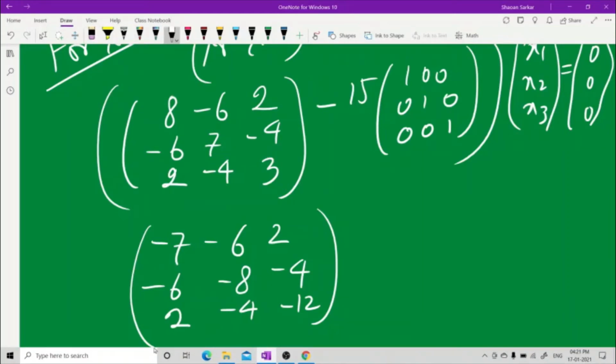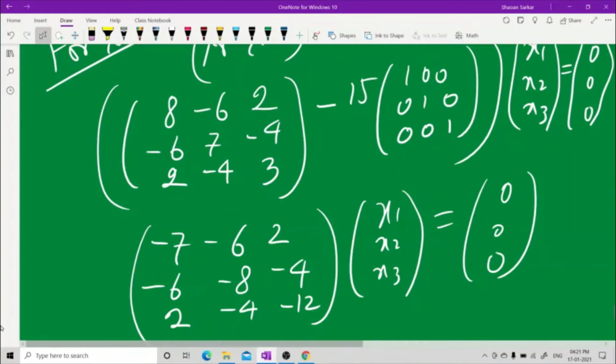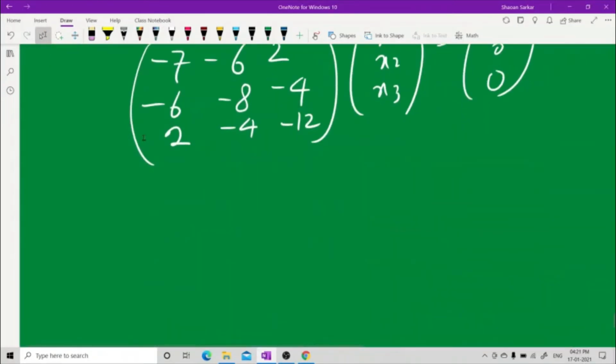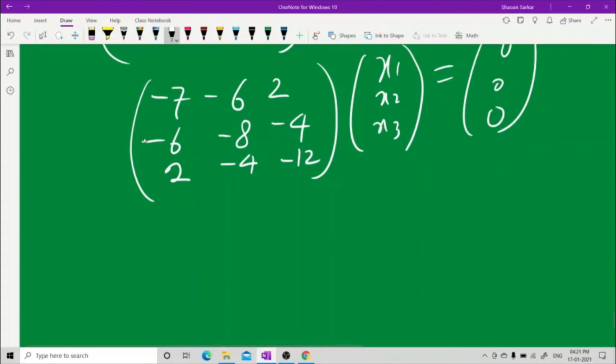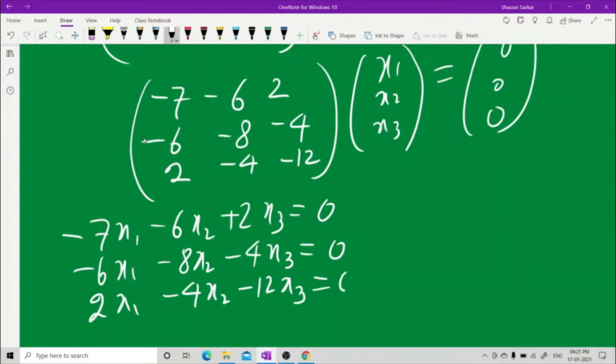Now you have this matrix with x1, x2, x3 equal to 0, 0, 0. If you do the calculation in this manner, you have got minus 7x1 minus 6x2 plus 2x3 equal to 0, minus 6x1 minus 8x2 minus 4x3 equal to 0, 2x1 minus 4x2 minus 12x3 equal to 0.